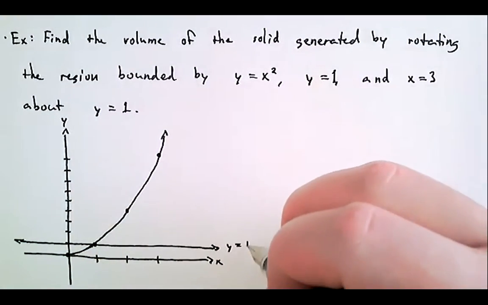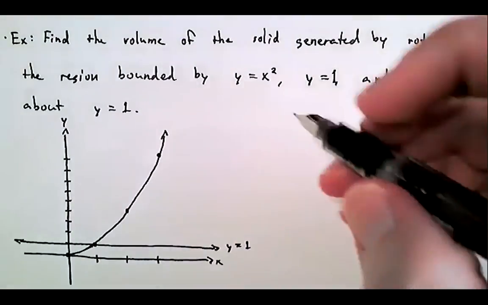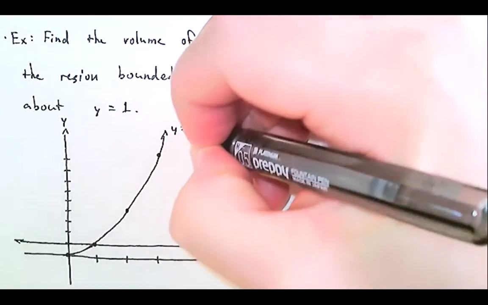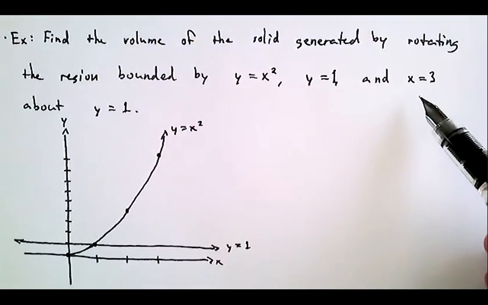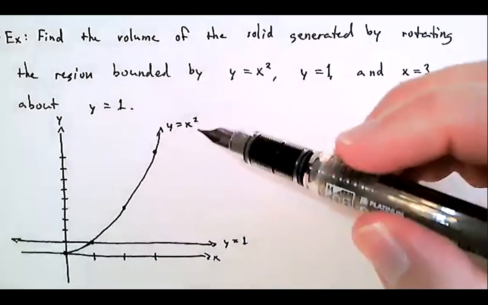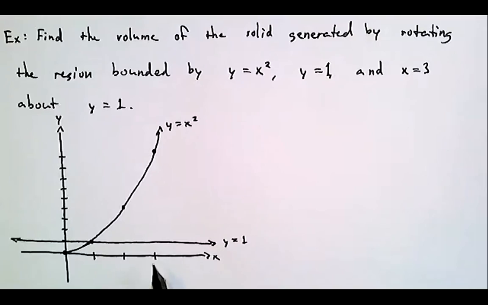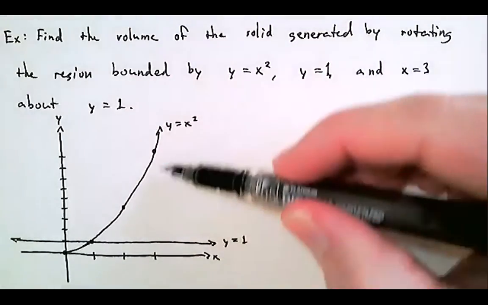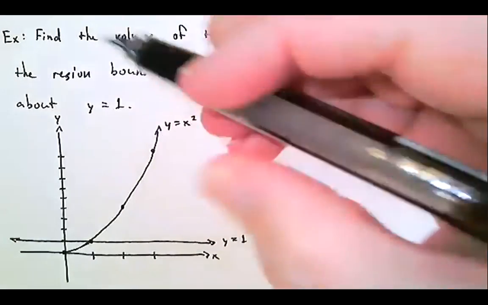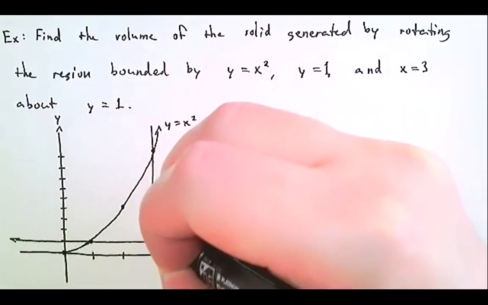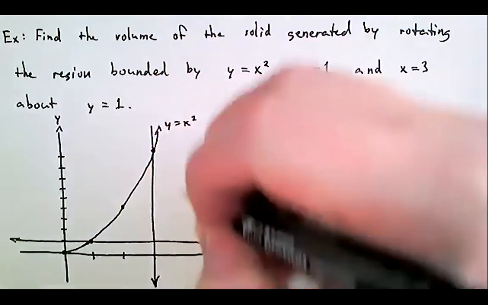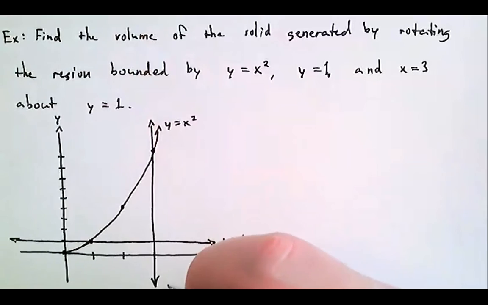And it's a good idea to label these things. So y equals 1, my parabola is y equals x squared. And then the last bound is a vertical line, x equals 3. So x equals 3 is here, and we need a vertical line. So something like this.